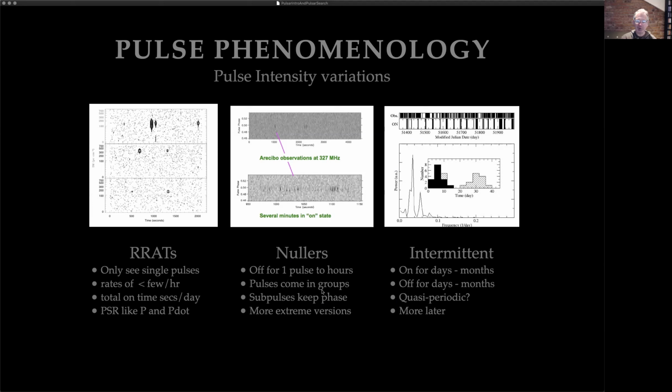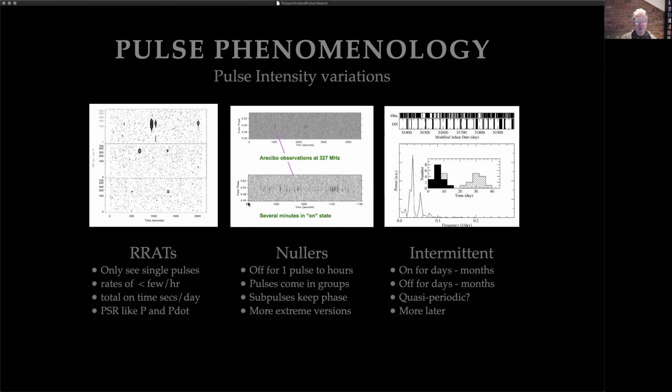There are other pulsars which we call nullers. And what that means is that a fraction, anywhere from a few percent to maybe 90%, of the rotations of the pulsar will not result in a pulse of radio emission.